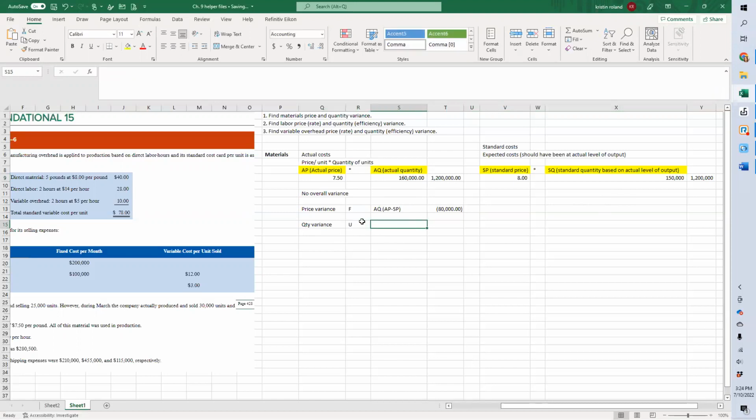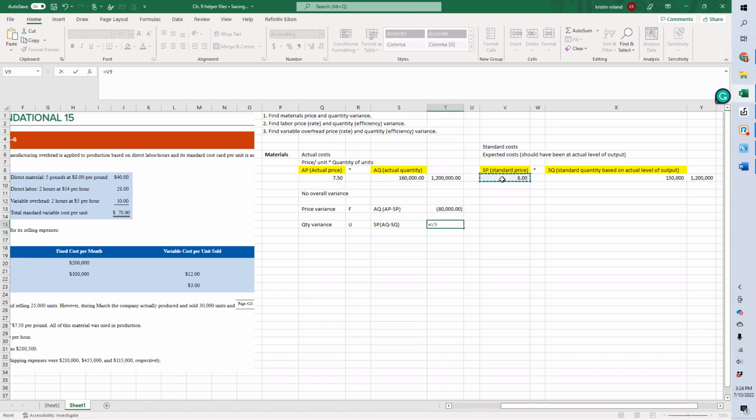Okay. The formula here is the quantity variance. So we're going to let the quantity vary, and we're going to hold the price constant. So in this case, it's going to be standard price times actual quantity minus the standard quantity. That's the definition for quantity variance.